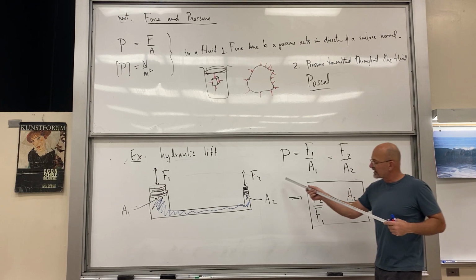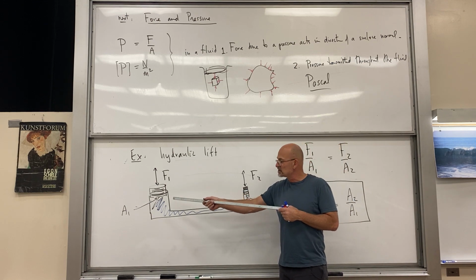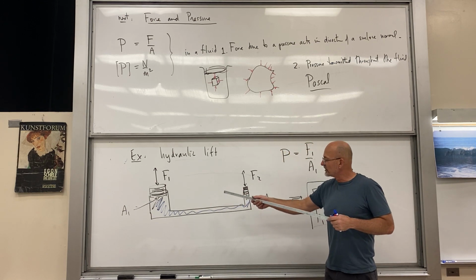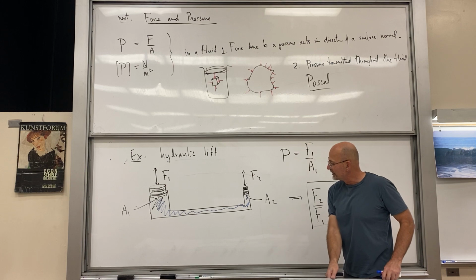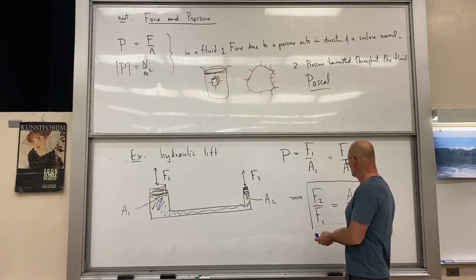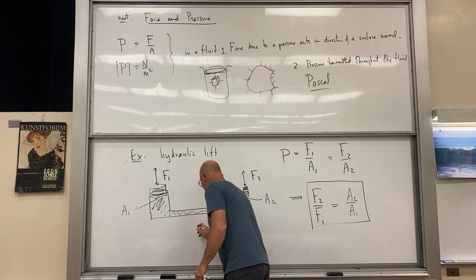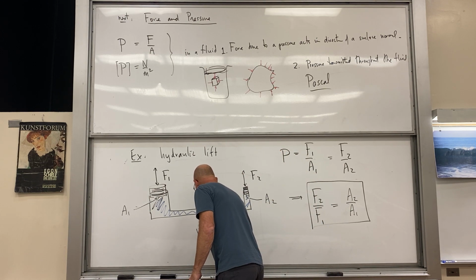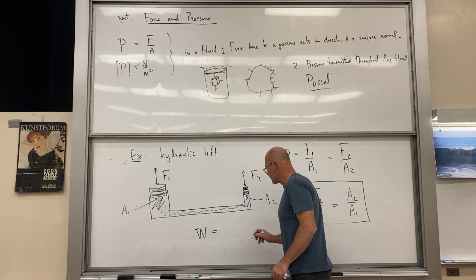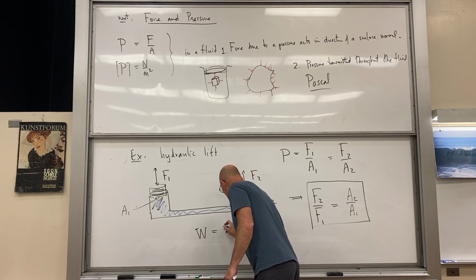And this is, of course, a type of mechanical advantage, and your work is still going to be the same. So yeah, let's go ahead and finish that up. Say you do some work, and that's your pressure times your change in volume.